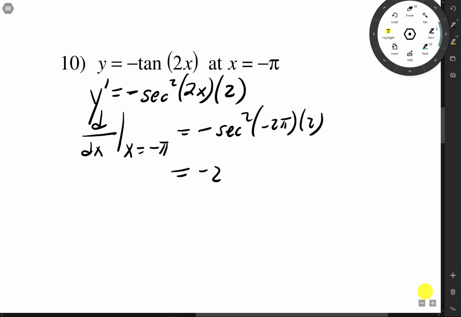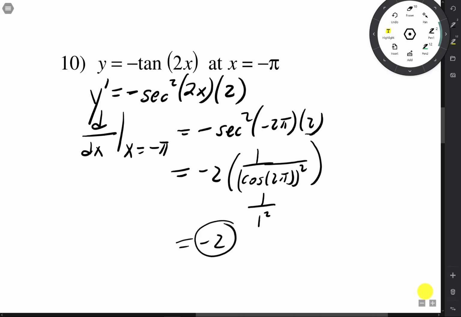So this will be negative 2, this will be 1 over the cosine of 2 pi squared. The cosine of 2 pi is 1. So this is 1 over 1 squared, so that's just 1. So the final value is negative 2 times 1, negative 2. Cool.